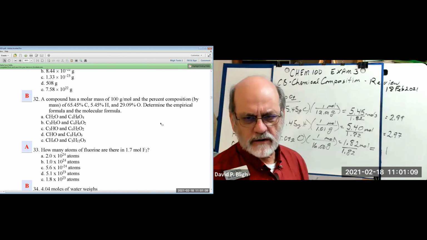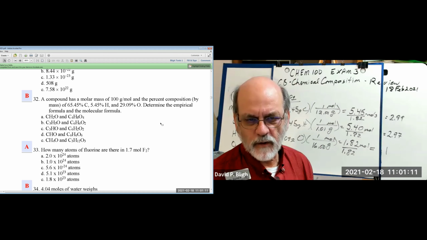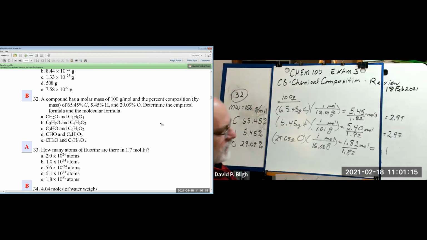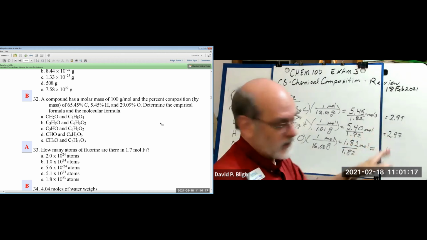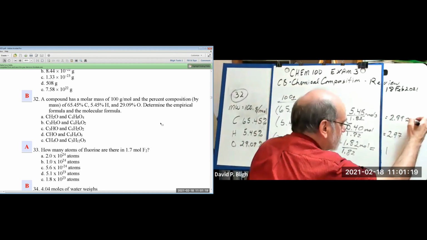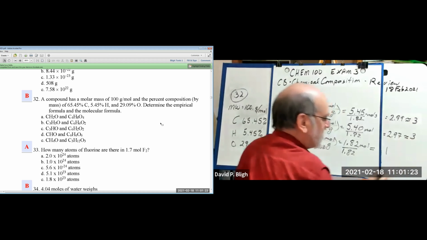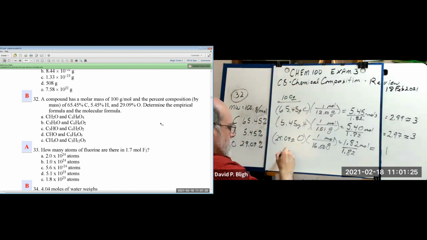Let's go back to the question. Determine the empirical formula and the molecular formula. All right. That's what this is for. The empirical formula, this is so close to 3 that it might as well be. So now we have the empirical formula is 3 carbons, 3 hydrogens, and 1 oxygen.